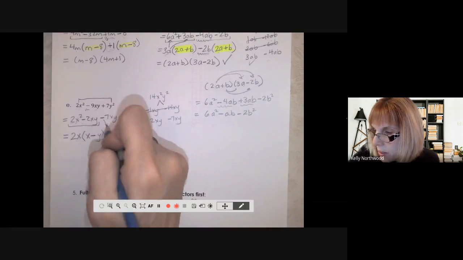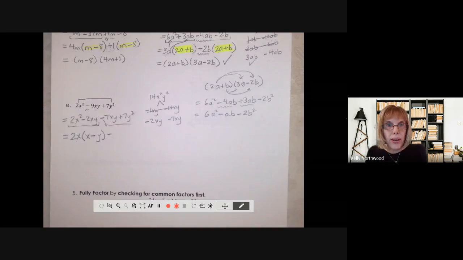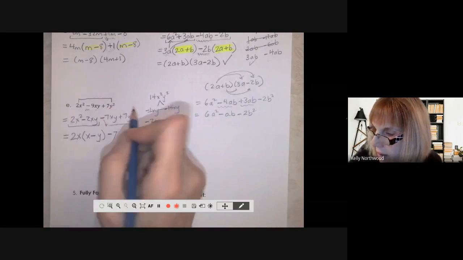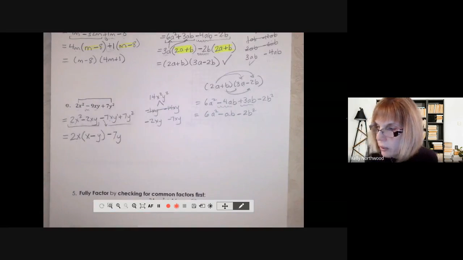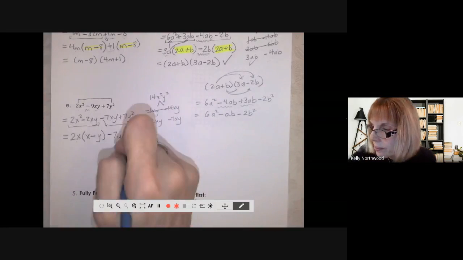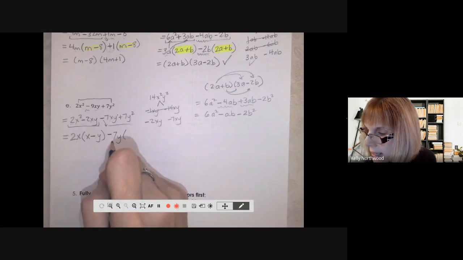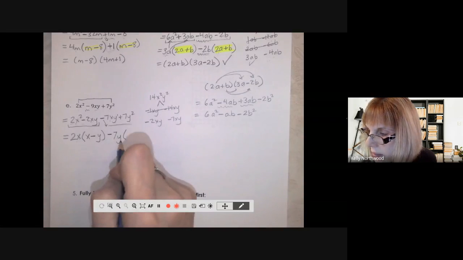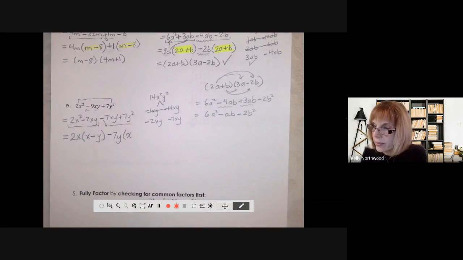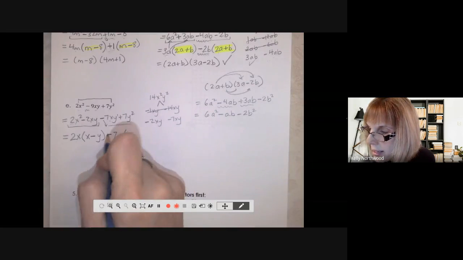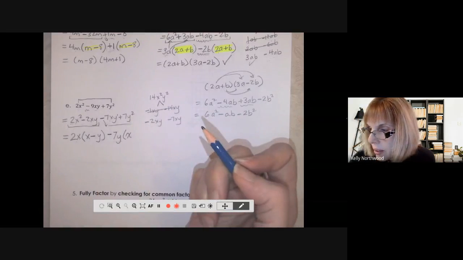Sign that comes next goes next. And then I'm looking at my last two terms and what they have in common. They both have 7. They don't both have an x, but they do both have a y, and the y to the 1 is the smaller exponent. So then I'm looking at what do I multiply negative 7y by to get negative 7xy? Just x. And what do I multiply negative 7y by to get positive 7y squared?